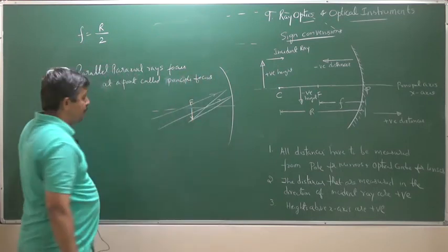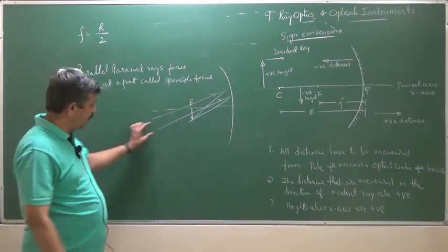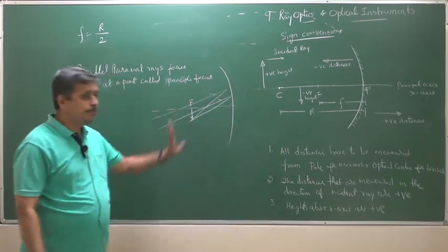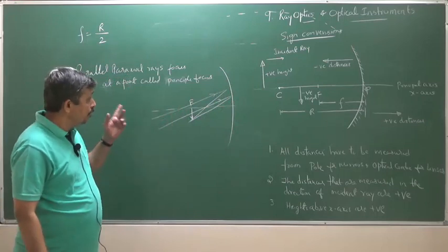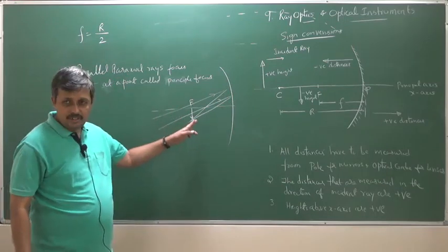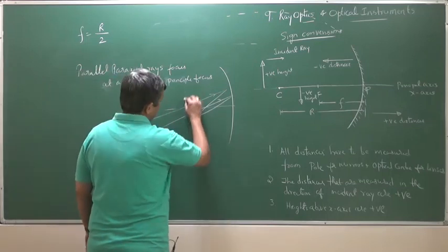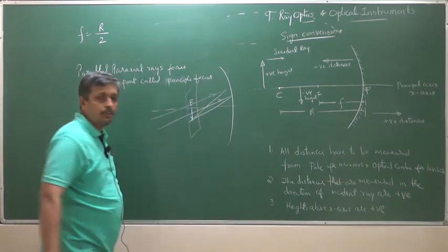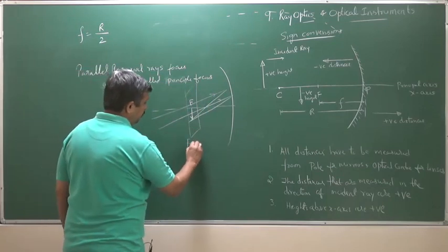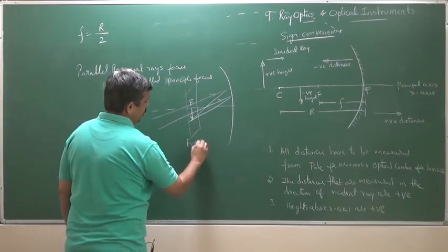So whenever you have parallel paraxial rays, it comes to a point. When you say point, it is actually a plane. So it forms in a plane here. It's called a focal plane. It is never just a point.